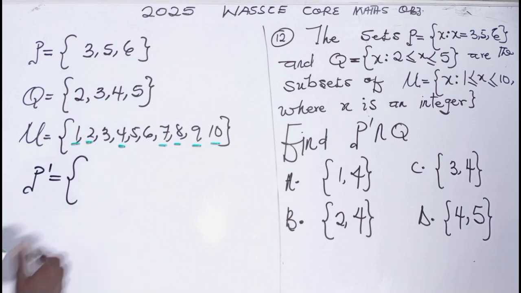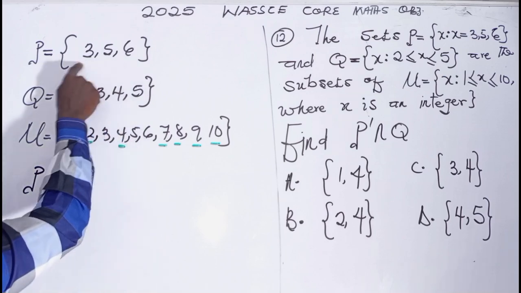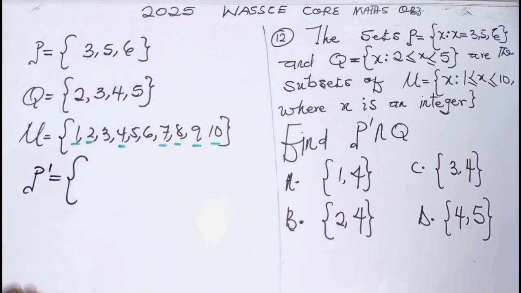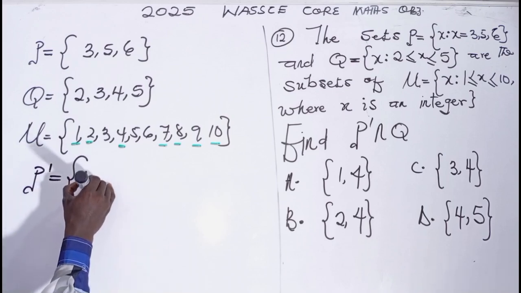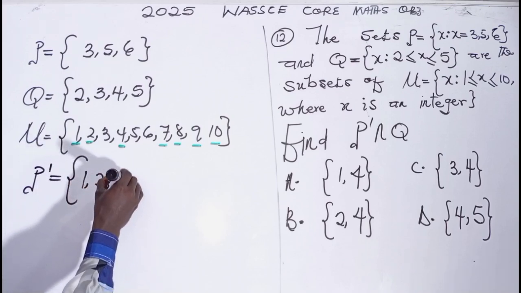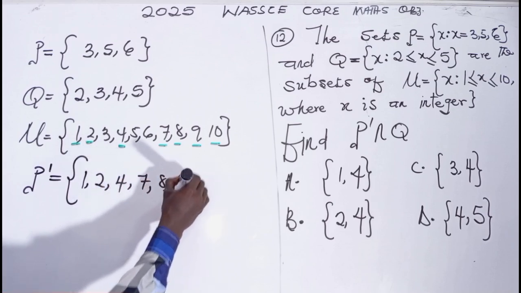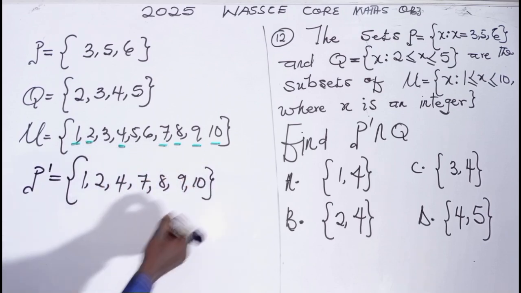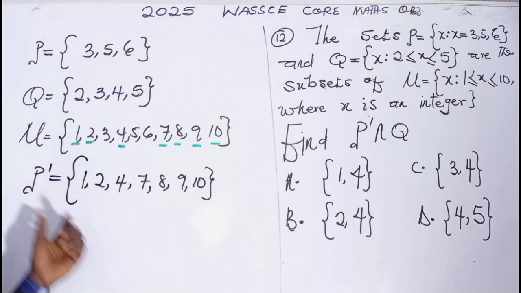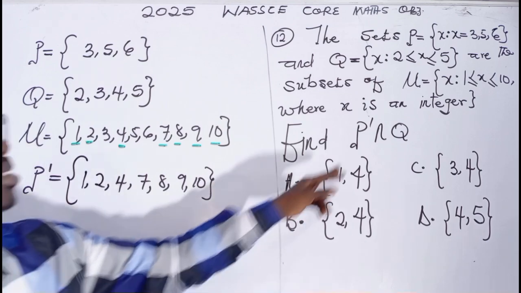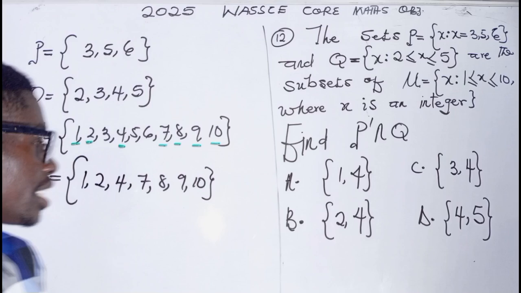All these elements are in the universal set, but they are not in set P, and those members become the complement of P. Once we know the complement of P, we can find P complement intersection Q.